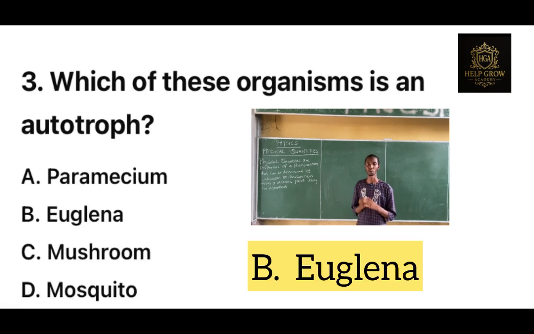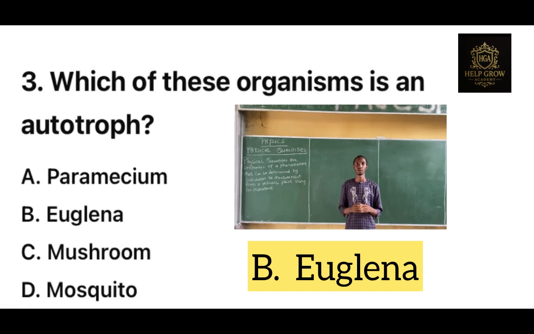Now, when we talk about autotrophs, autotrophs are organisms that can manufacture their own food from simple substances like carbon dioxide and water, usually using sunlight or chemical energy. When they use sunlight, it is called photosynthesis, and when they use chemical energy, it is called chemosynthesis. Euglena is a single-celled protist that contains chloroplasts, enabling it to photosynthesize like plants. That makes Euglena special. It has the characteristics of both plant and animal.